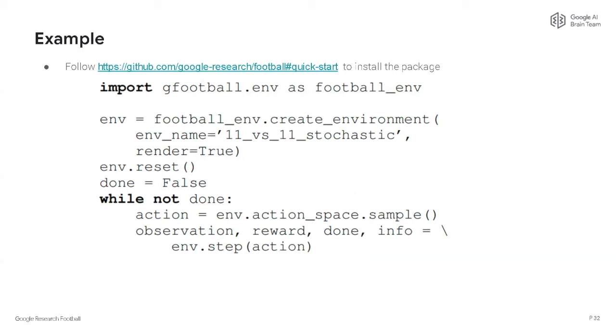You can create the environment just by providing the name of the scenario you want to run, and this 11 versus 11 stochastic is the default one that the play game script also uses. So this is basically the thing that by default you would play if you wanted to do it yourself. And then you just use a standard gym-based API for advancing steps on the environment and obtaining observations and rewards.